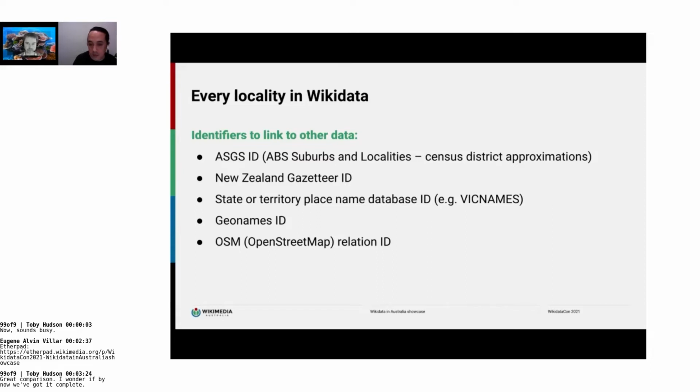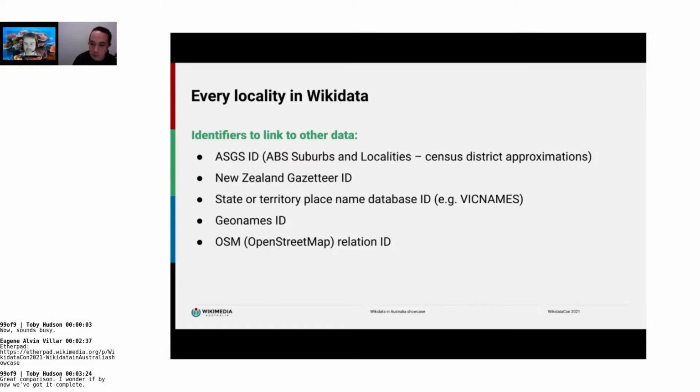A lot of these states and territories in Australia will have their own databases or gazetteers or data sets, and they'll have their own identifiers, so it's important to add those. Geonames is another one, a sort of online geographic database for all over the world, and everywhere has a particular ID.